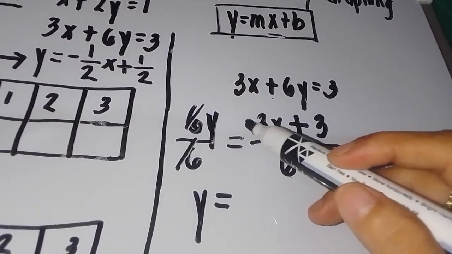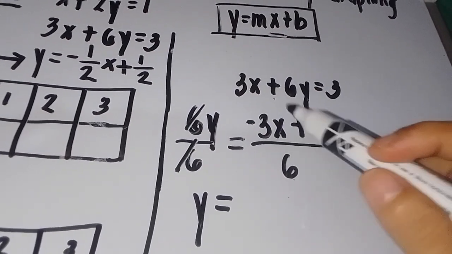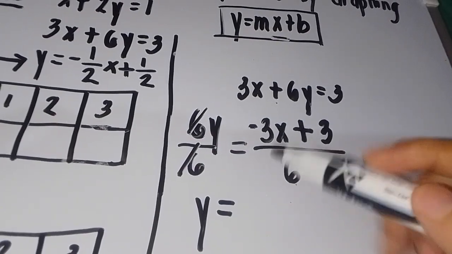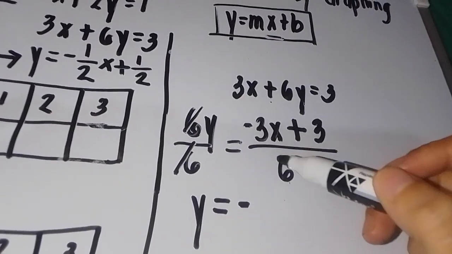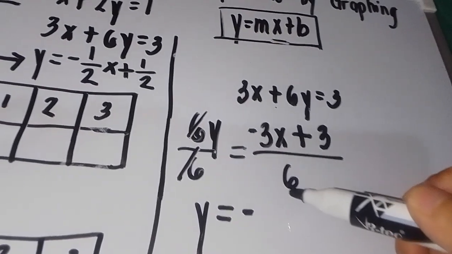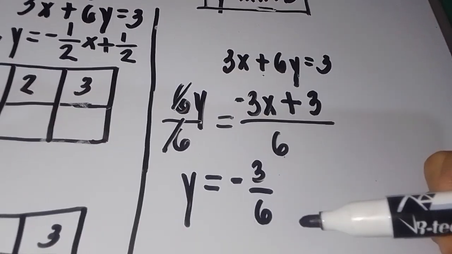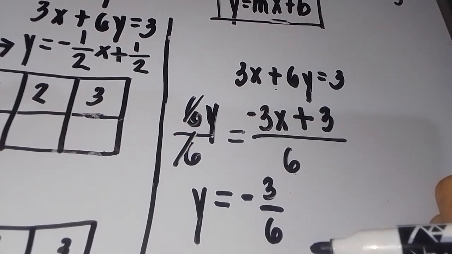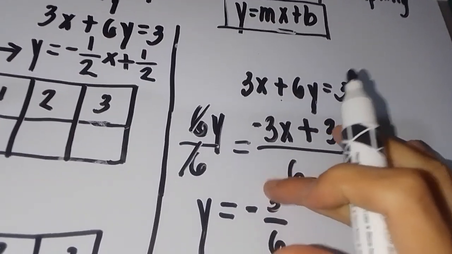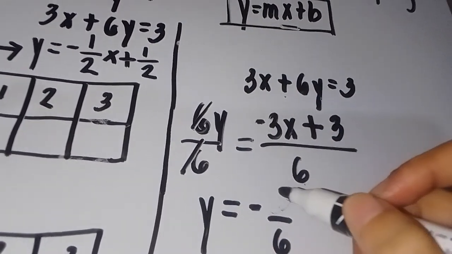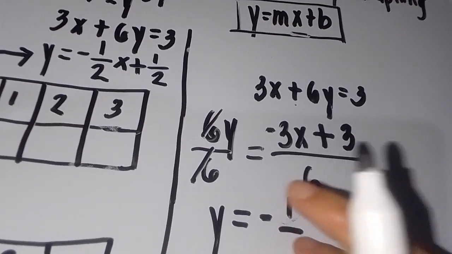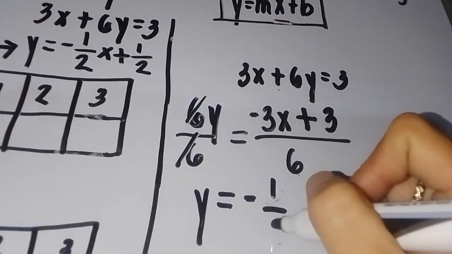For the sign, negative divided by positive is negative. 3 divided by 6 is 3 over 6, which we can reduce: 3 divided by 3 is 1, and 6 divided by 3 is 2.